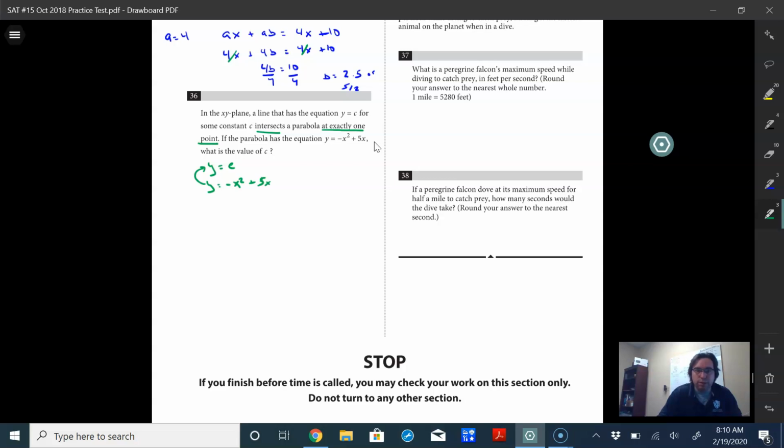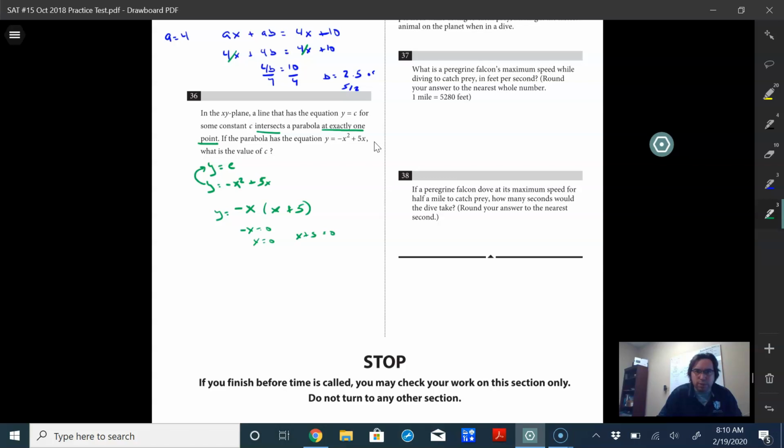We can find the intercepts by pulling out negative x. So we can say y equals negative x times x plus 5. If we then set those to zero, we know our intercepts: negative x equals 0, which then x equals 0, and then x plus 5 equals 0.